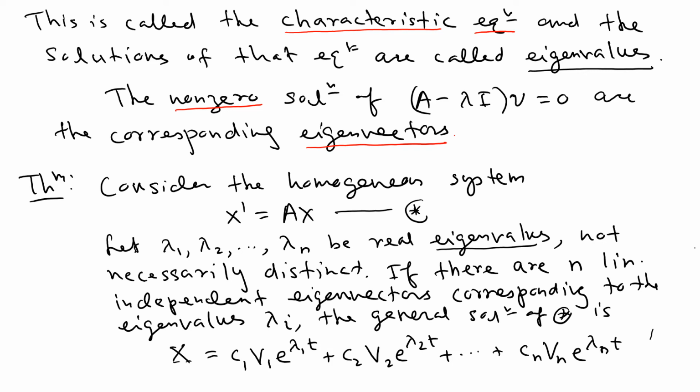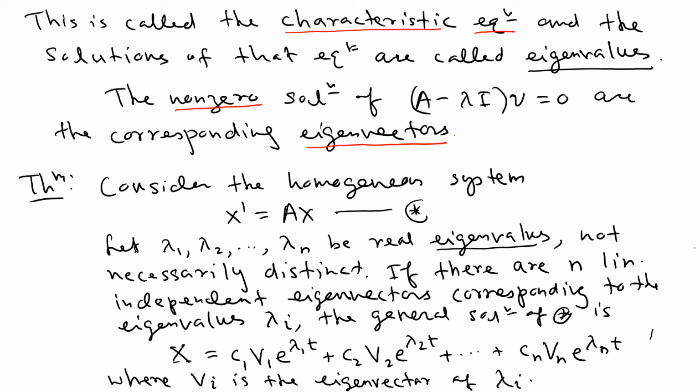Very simple. What we need is the eigenvalue and the eigenvector. We write this as a solution, where vi is the associated eigenvector of lambda i, because we know that for each lambda i there is an associated eigenvector.